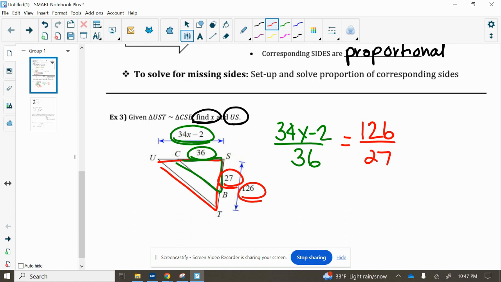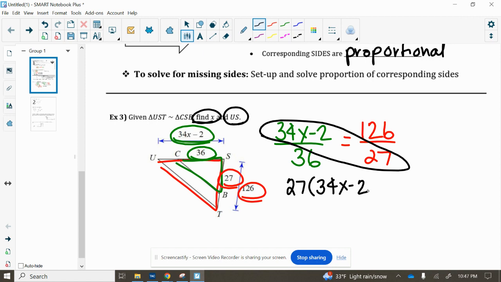So what we can do is solve this proportion again through cross multiplication. Now we want to be careful because when we multiply 27 by 34x minus 2, we want to make sure we use parentheses so that we distribute correctly. And then again, that is going to equal our other two values multiplied together.